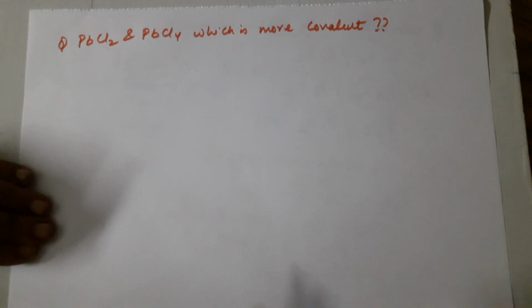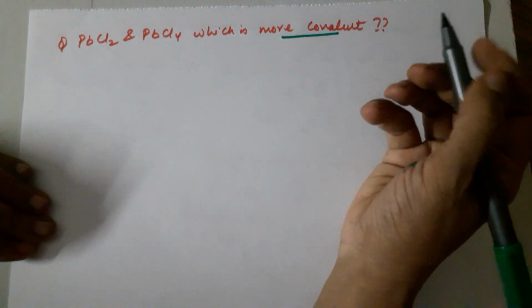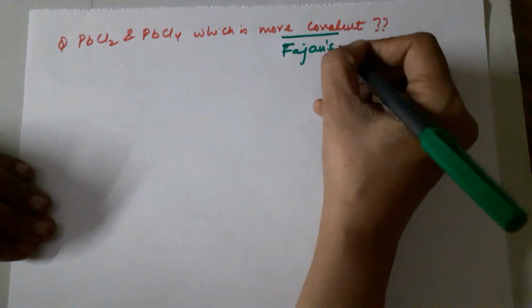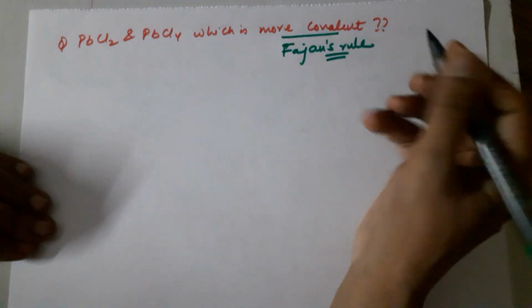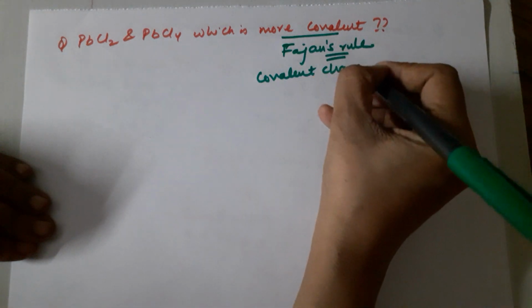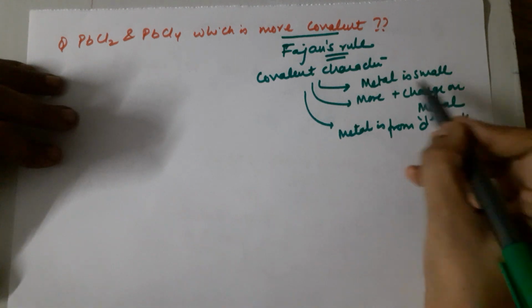Moving to the next question, which out of PbCl2 and PbCl4 is more covalent? And the answer lies in the Fajan's rules. According to Fajan's rule, the covalent character depends on the metal.